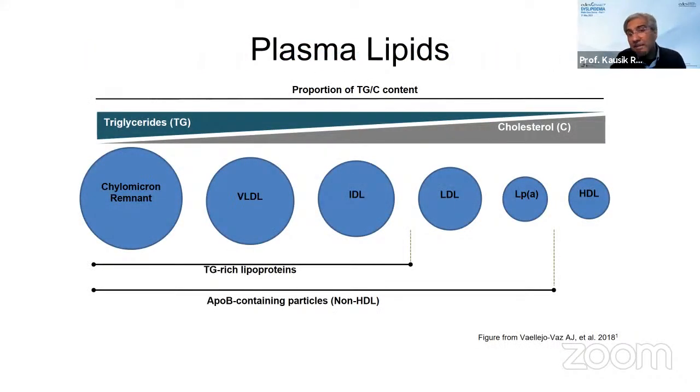So we need to think about other particles as well, and you've seen this to some extent, so I'll be brief perhaps with this. Essentially, I think as we move forward, we will separate, although LDL is clearly what we are used to, and has been conveniently used in many guidelines.